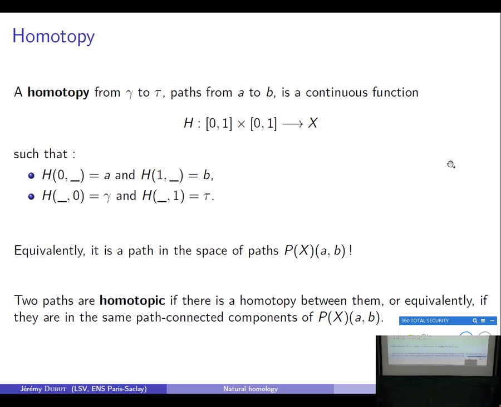So, as I told you earlier, we can model equivalence of execution using an analog of homotopy in this directed setting. Classically, a homotopy is just a function from the product of a segment with a space, with some boundary condition, but equivalently, a homotopy is just a path in a space of paths. And two paths are homotopic if they are in the same path-connected component of this space. So we can do exactly the same in a directed setting. We just have to choose which structure to add on those segments.